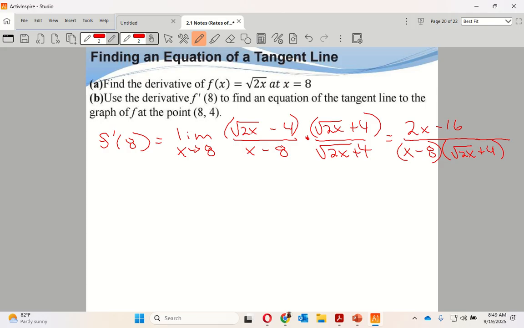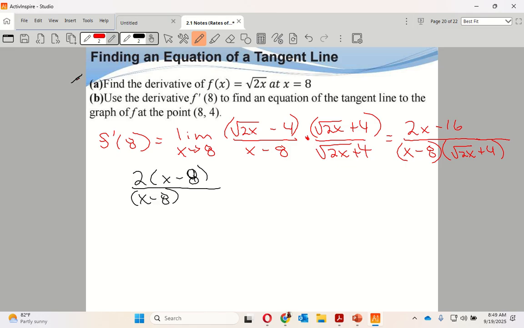And what can I do with that numerator there? Factor, what am I factoring out? Yeah, 2 quantity x minus 4 over, no, it's 8, sorry. x minus 8.